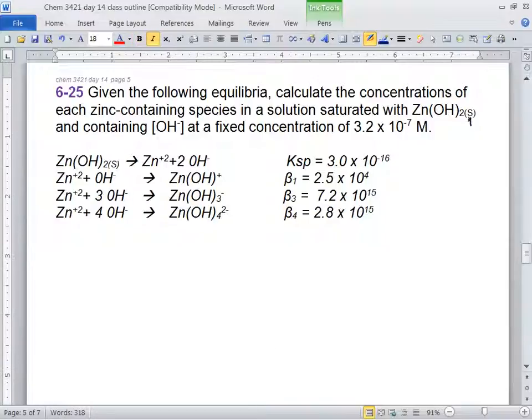And containing hydroxide at a fixed concentration of 3.2 times 10 to the negative 7. So each zinc-containing species, Ida, would be this one, this one. Well, that one's a solid, so I can't circle it. But this one, this one. There are four that we have to solve for here, their concentrations.